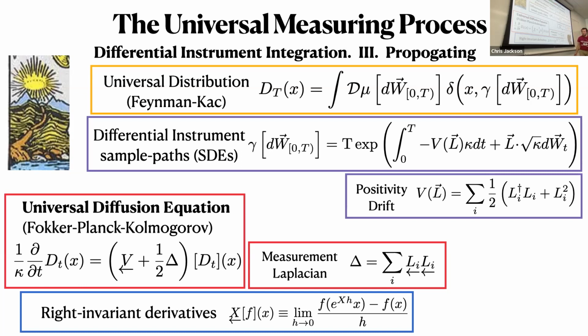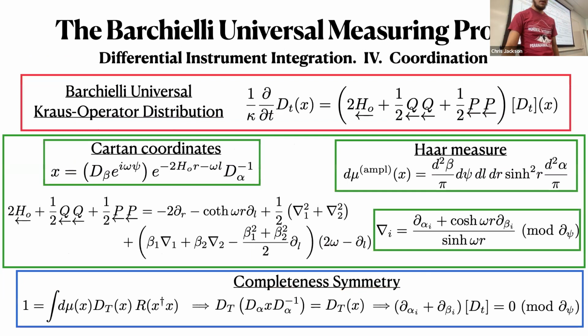Okay. But in the end, if you actually want to solve something like this, you have to go back to coordinates. So now we're back at the Barchielli instrument: simultaneous measurement of Q and P. If I write this generator of the Krauss operator density evolution in these coordinates, I get this thing on the right.